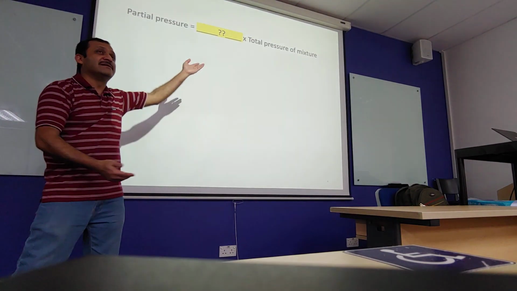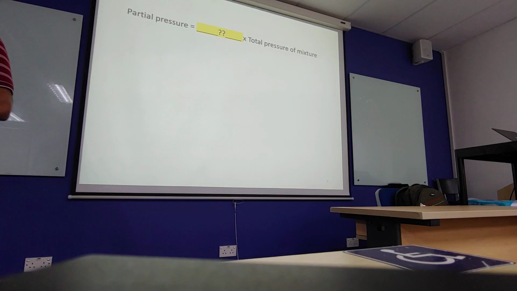So what is that blank? To estimate the partial pressure, the analogy, the example I gave you was so simple and maybe not really practical, but simple enough to help you give me the answer for this question. So, what was determining the pressure of watermelon or eggs?